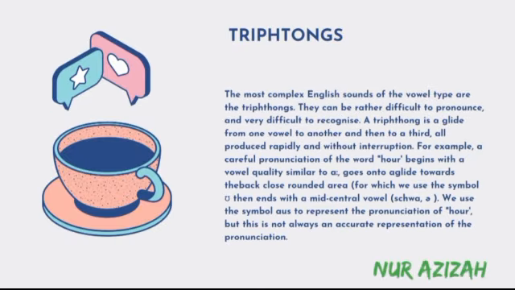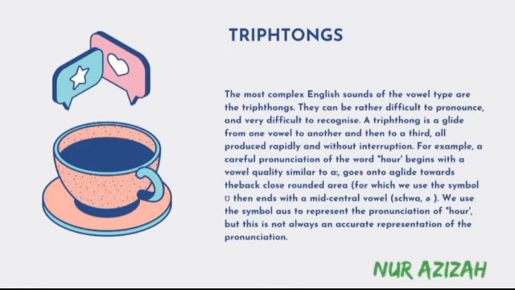Next are triphthongs. The most complex English sounds of the vowel type are the triphthongs. They can be rather difficult to pronounce and very difficult to recognize. A triphthong is a glide from one vowel to another and then a third, all produced rapidly and without interruption.